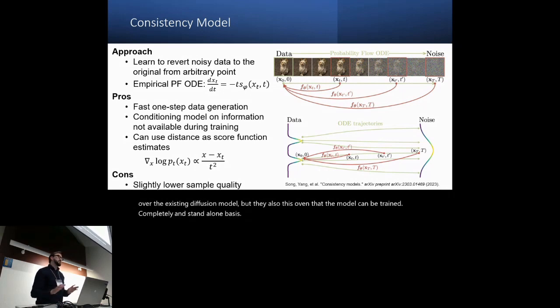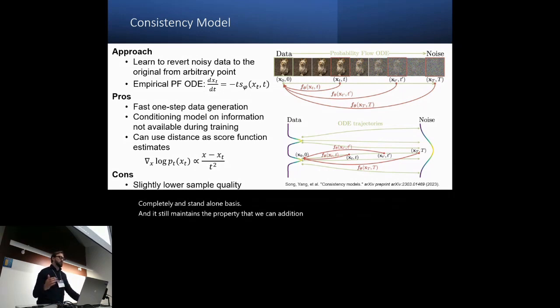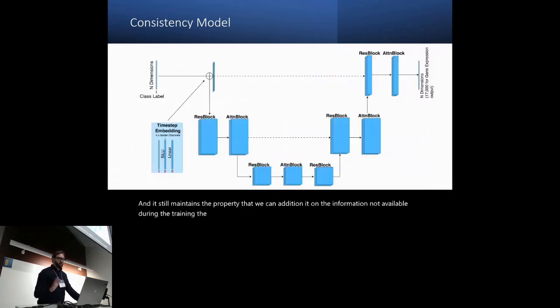And it still maintains the property that we can condition it on the information not available during the training. The consistency models were our choice for the data generation process.